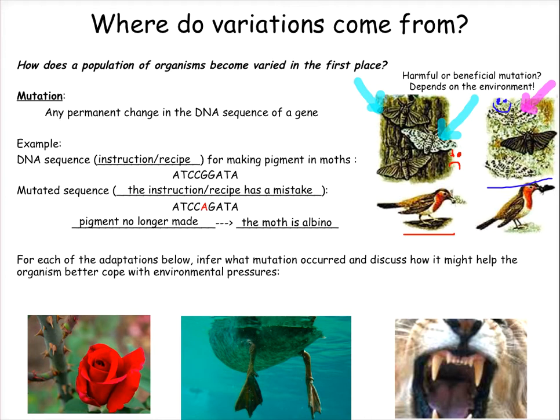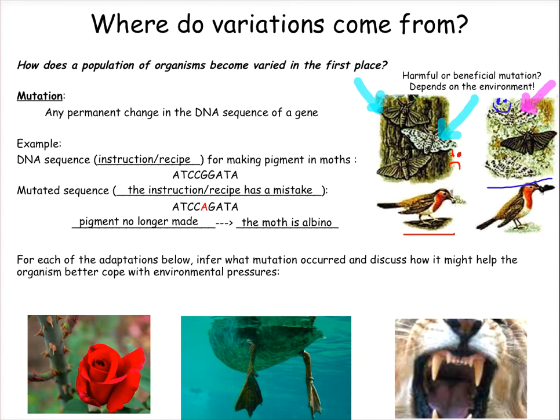Okay, let's look at a couple other examples of adaptations. Please carefully observe the three pictures that you see at the bottom. Next to each picture, I want you to write down the variation that some ancestor member of the species must have acquired through mutation.